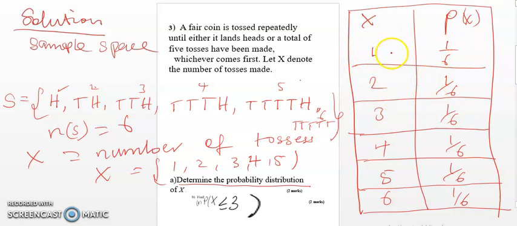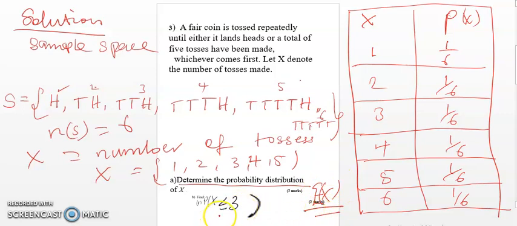So you take 1 multiplied by 1 over 6, plus 2 multiplied by 1 over 6, plus 3 multiplied by 1 over 6, plus 4 multiplied by 1 over 6, plus 5 multiplied by 1 over 6, plus 6 multiplied by 1 over 6, and that will be the expected value of X, in case you want to do that.